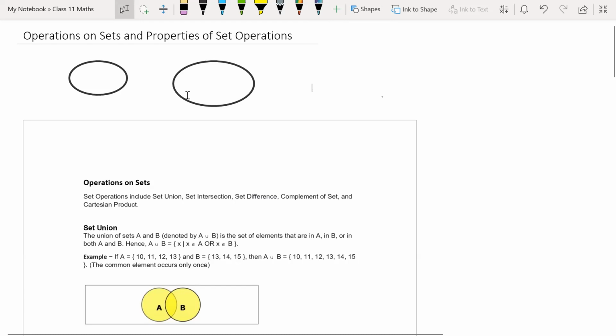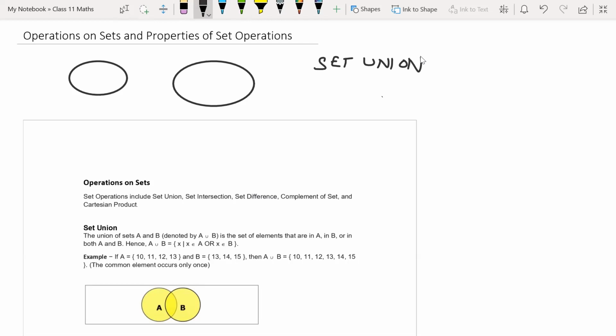Now come to the operations on sets. The first operation is the set union.